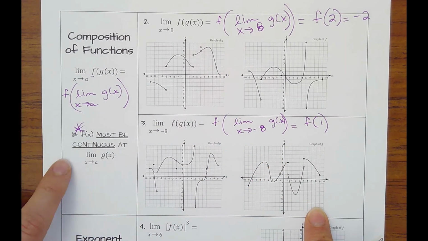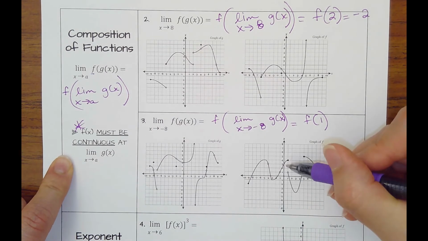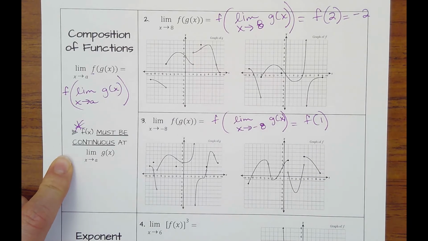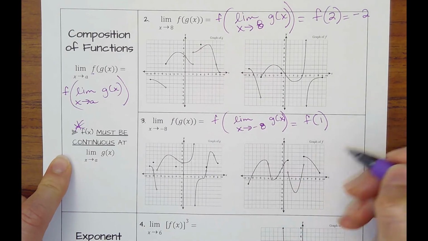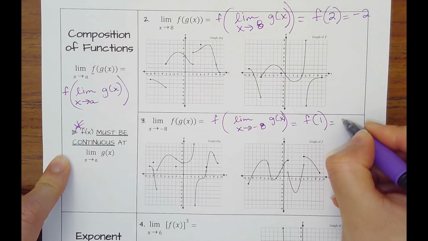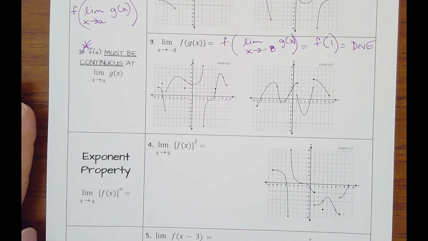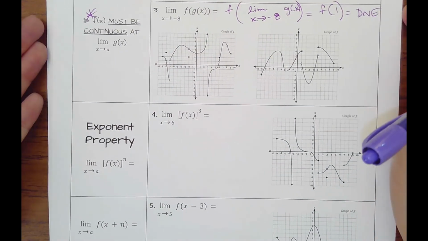That's what this starred note went with. So f of x has to be continuous. There can't be a jump or a break here. We'll talk about discontinuities more coming up, but there can't be a jump or a break. So this is a DNE or an undefined. I can't remember which options they give you as answers.